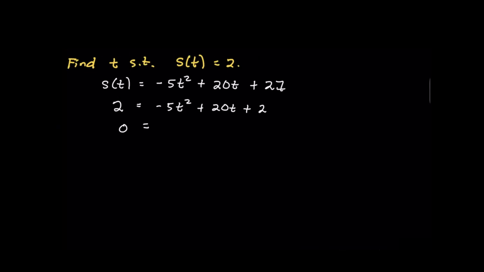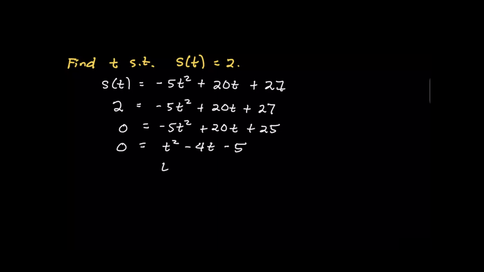So we now have 0 equals negative 5t squared plus 20t plus 25, dividing both sides by negative 5. This is just t squared minus 4t minus 5. So this factors as t minus 5 and then t plus 1.